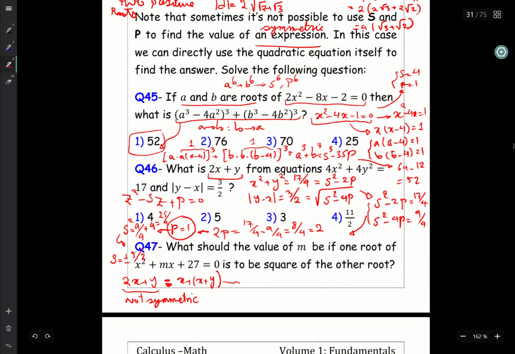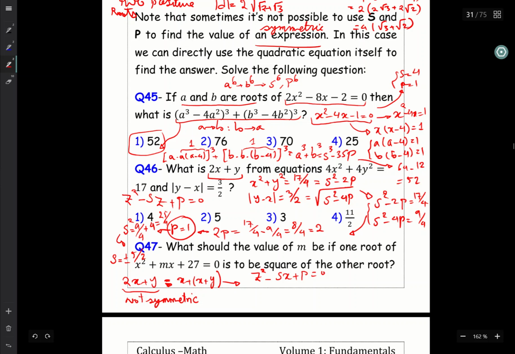And I assume the best thing to do is just write down the quadratic equation, z squared minus sz plus p equals 0, right? We already found s. So s could be plus or minus 5 over 2.